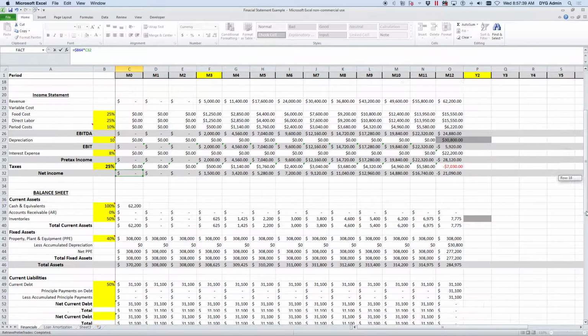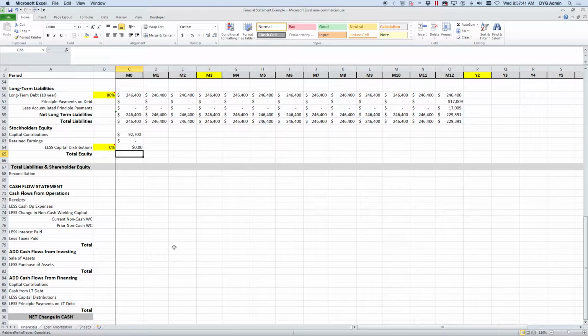Okay, so the idea is that we would be paying out a portion of our net income, and that's just not going to happen right now. All right. So capital contributions are that. We're not going to keep recalculating that. We're making that capital contribution once. So we'll put that formula. Actually, that's not a formula, is it? That is just driven. But this is a change in formula, so I'm going to highlight that. Retained earnings, that formula is what it is, so we'll carry that over. All right.